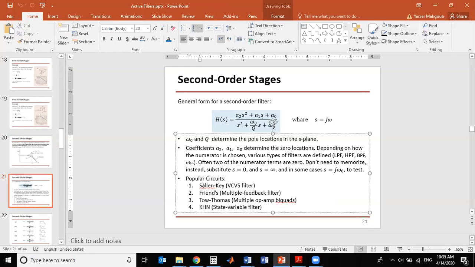And we have a circuit realization, the circuit type you use to implement any of these filters. We have studied 4 of them: Sallen-Key, Friend's, which is the multiple feedback filter, Thomas, which is the multiple op-amp biquad, and KHN, which is sometimes called the state variable filter.